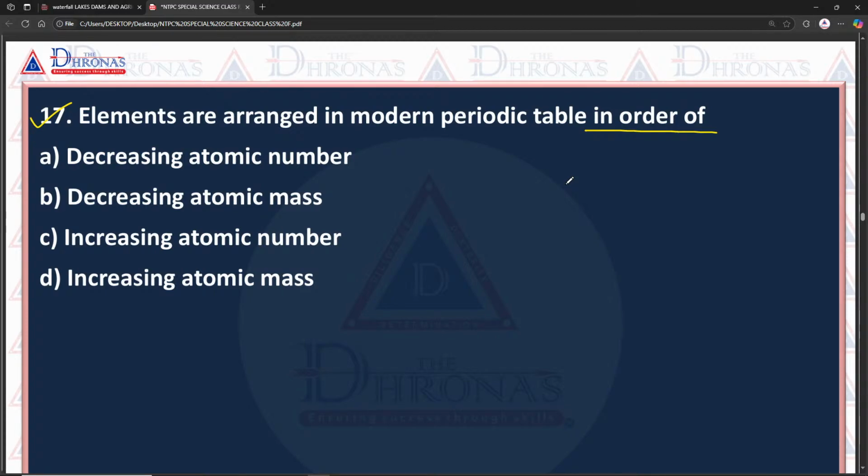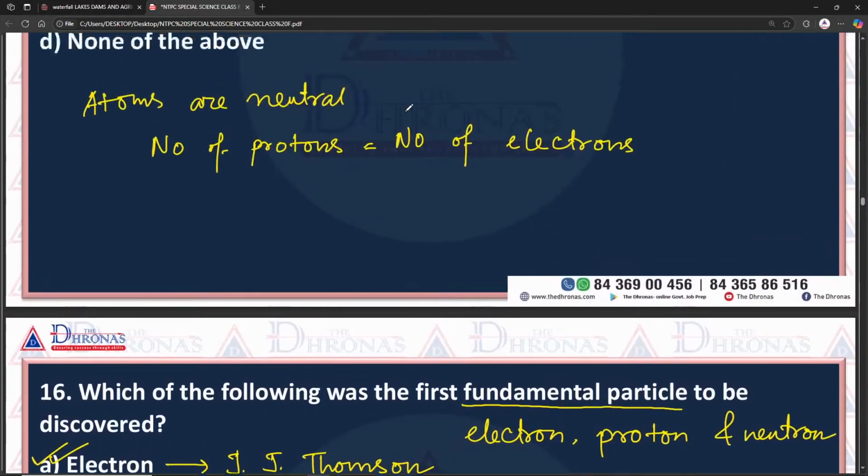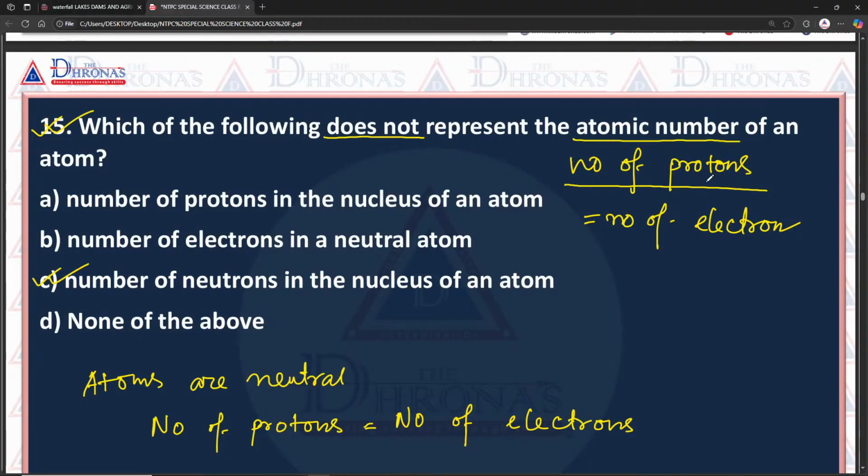So this is a question from the chapter of periodic table. So in case of modern periodic table, the elements are arranged according to their atomic number. Okay. So it is in increasing atomic number. Now, उससे पहले हम लोग डिस्कस किए थे कि एटॉमिक नंबर का मतलब क्या है? एटॉमिक नंबर का मतलब है नंबर ऑफ प्रोटॉन्स. उसी से हम लोग को पता चलता है नंबर ऑफ इलेक्ट्रॉन्स.